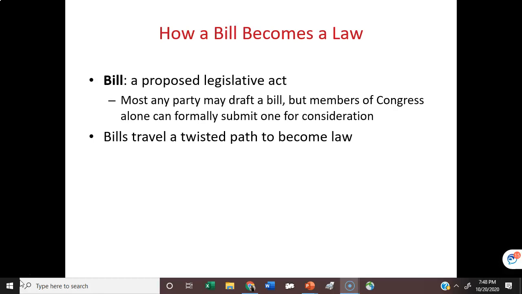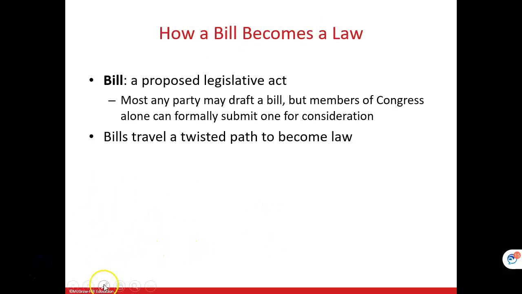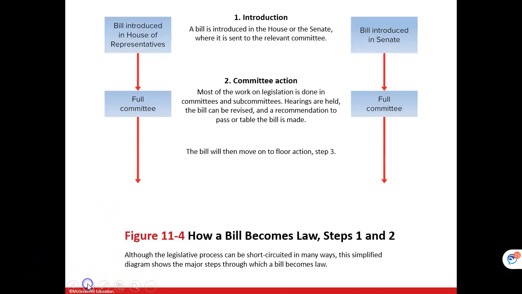All right, so let's talk about the process of a bill becoming a law. A lot of it I have alluded to. So the bill is introduced. Bills can be introduced in the House, and bills can be introduced in the Senate. If it is introduced in the House, it will have HR and then some Arabic numbers: HR 1, HR 2592.